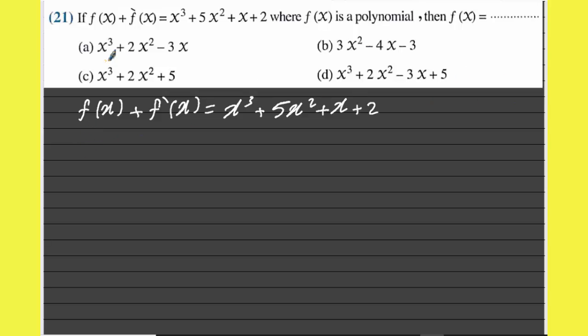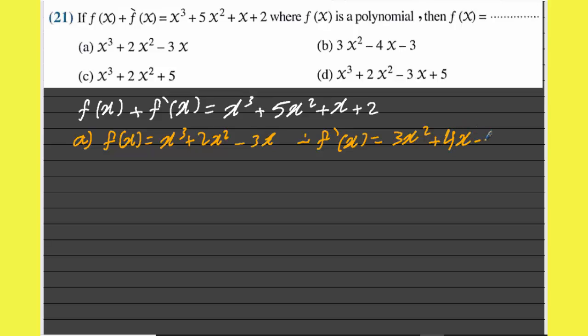Starting from A, consider f of x equals x power 3 plus 2x square minus 3x. So f dash of x equals 3x square plus 4x minus 3. Now we will add f of x plus f dash of x.